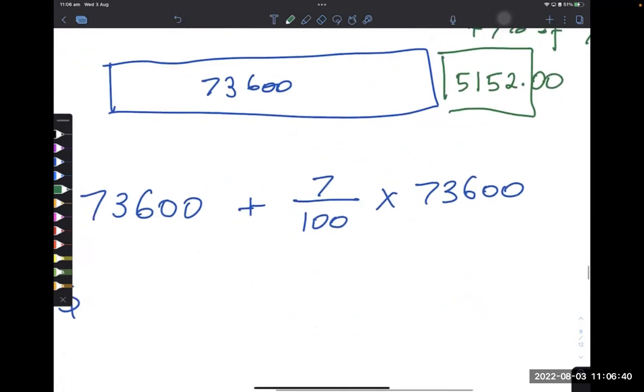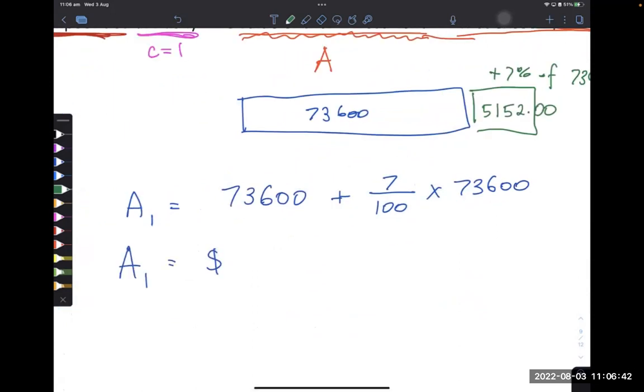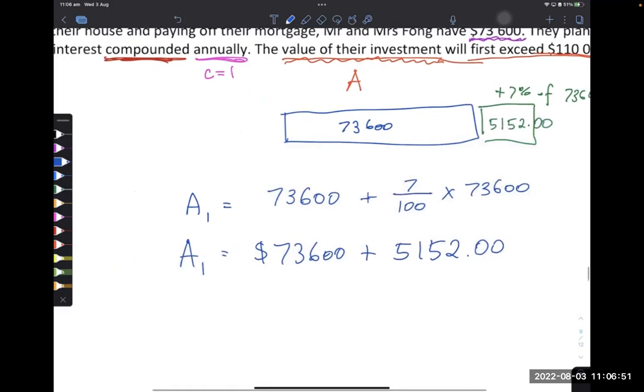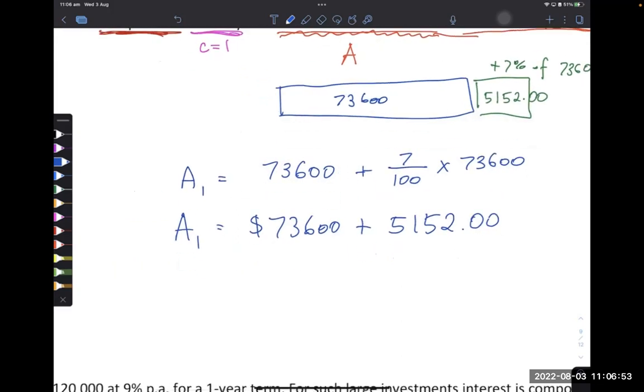Okay. So notice here, we're going to end up with $73,600 plus $5,152 of interest, right? That's how much extra money you get on the first year. So how much would your bank account show? $78,752.0.